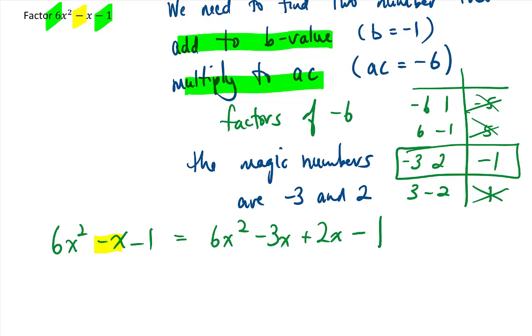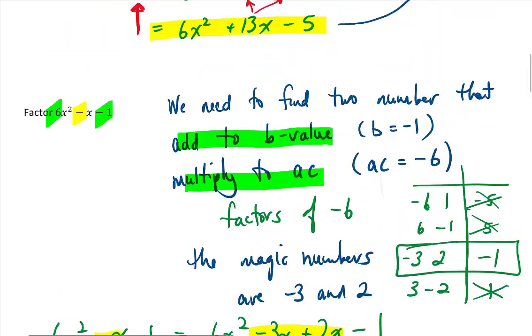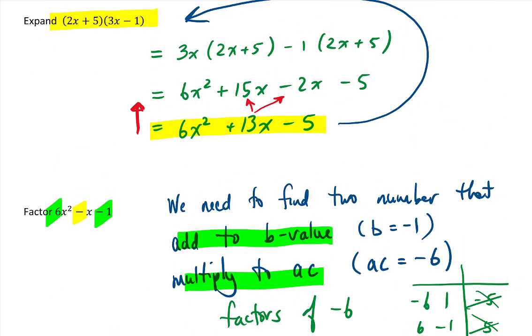So notice, if we were to add negative 3x plus 2x, we would get back our negative x. So this is the step we talked about above. We're going from here to here. We found the magic numbers that break apart that x term.